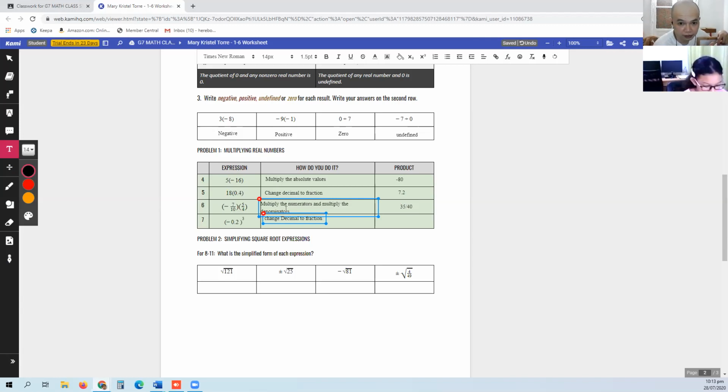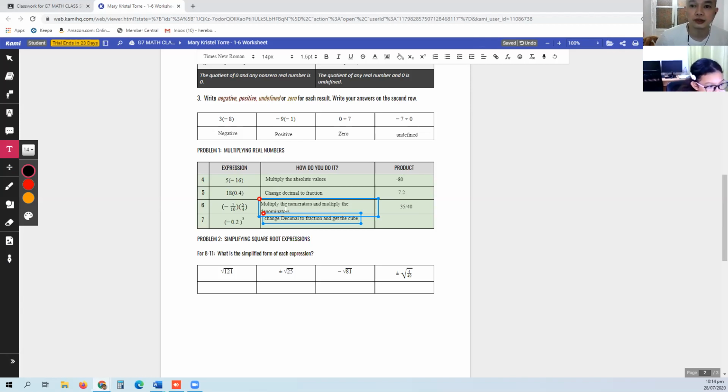And get the cube. Get the cube. Yes. C-U-B-E, yes. Get the, or you say cubic value.